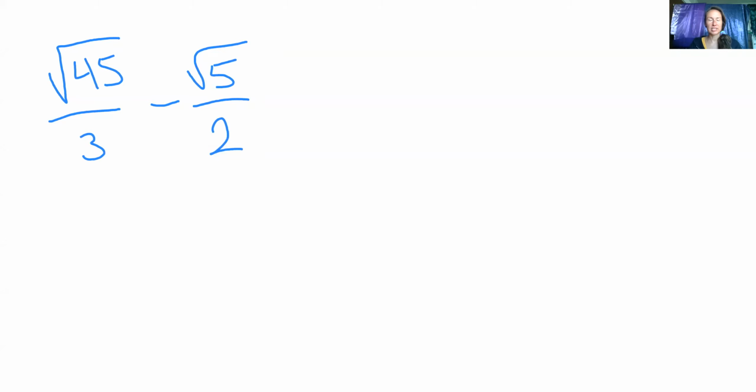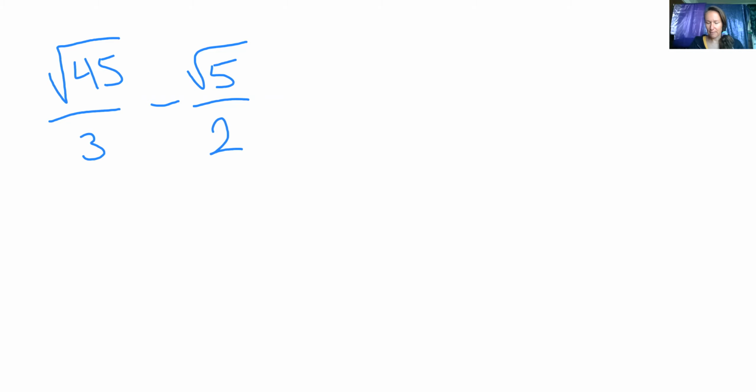We could start by just saying, hey, we've got a fraction subtraction problem. We need a common denominator if we are going to combine this into one fraction. We could start there. We could also start with just looking at our radicals and seeing if the radicals themselves could be simplified at all. Either way is a good place to start.